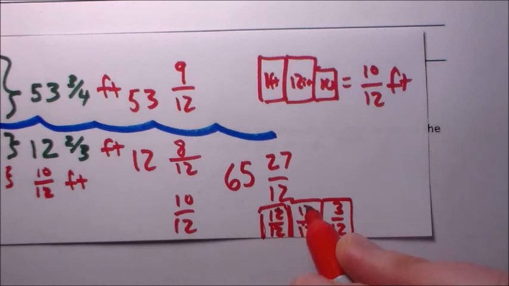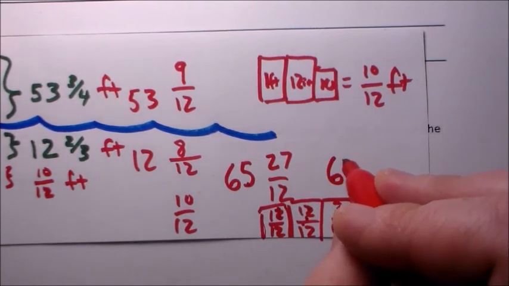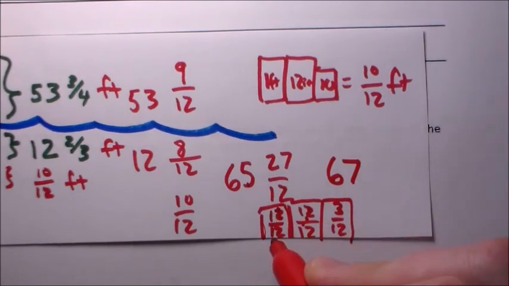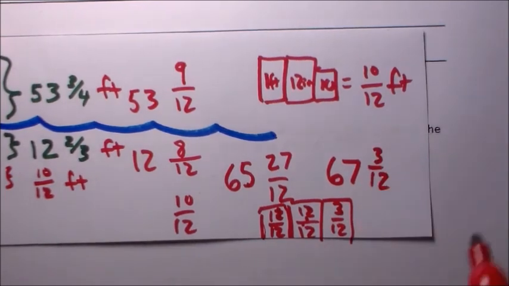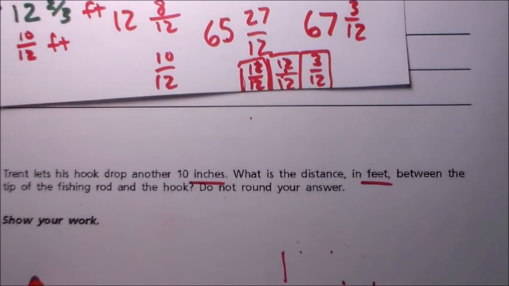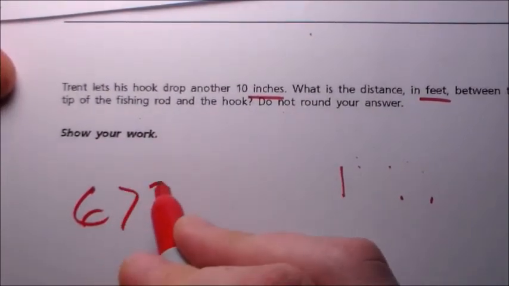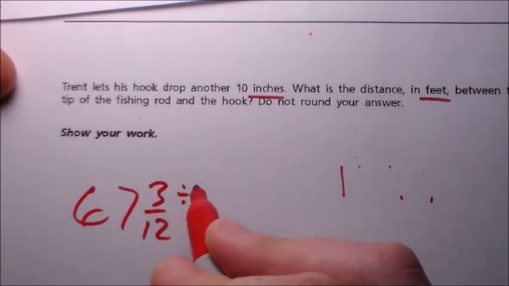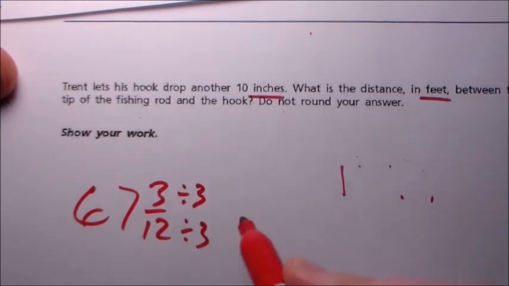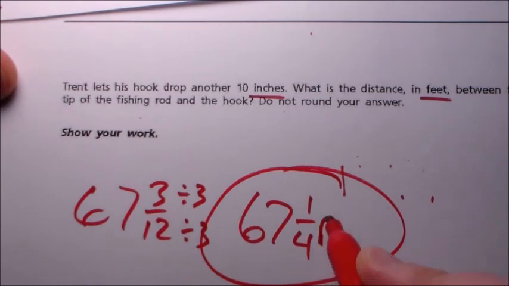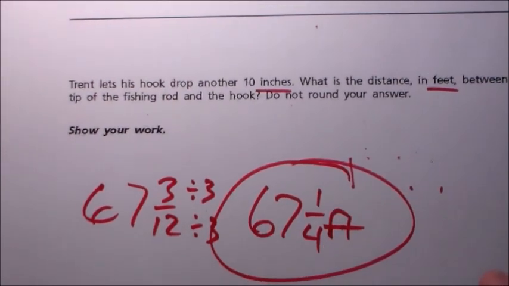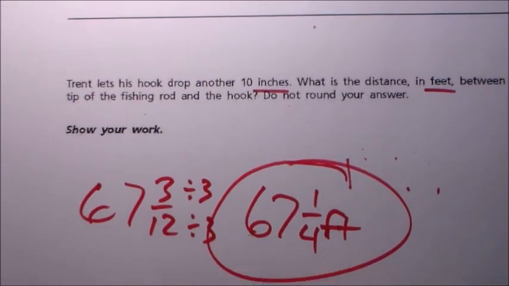So 65 plus 1 plus 1 is 67, and 3/12. If we take 67 and 3/12, we can divide by 3 to simplify it and get 67 and 1/4, which will be our final answer: 67 and 1/4 feet.